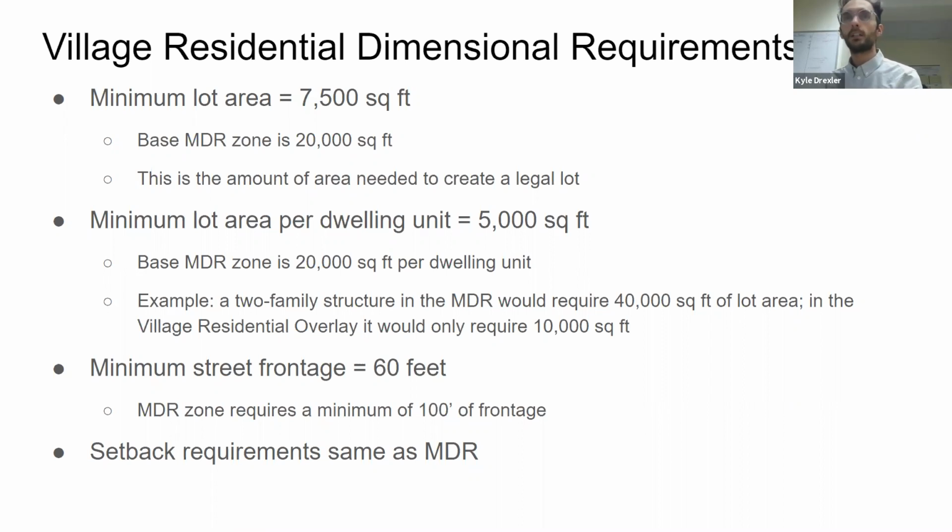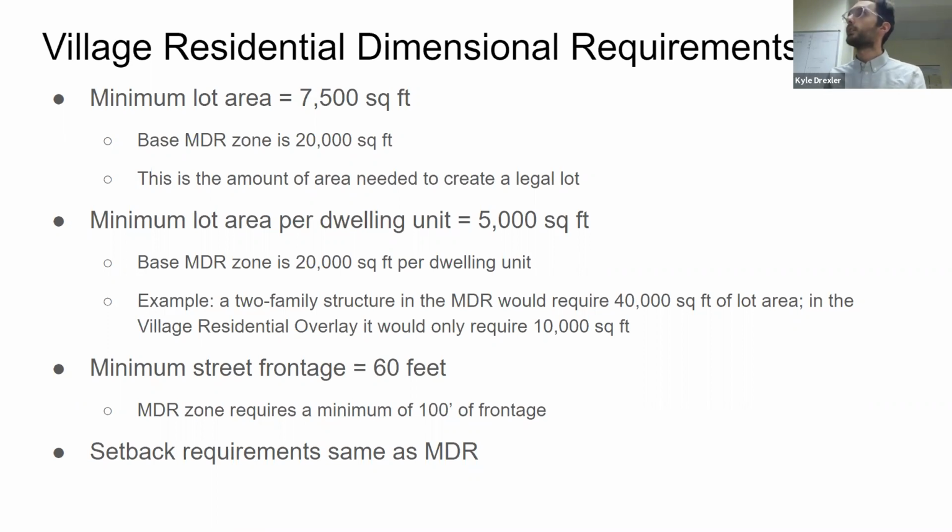Multifamily structures are not an allowable use in the medium density residential district. Multifamily is any one structure with 3 or more units inside of it, so more apartment type. And that would continue to be true in the village residential. So multifamily would still not be an allowable use.